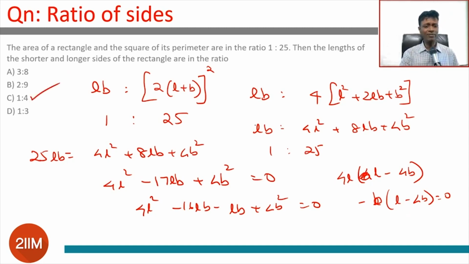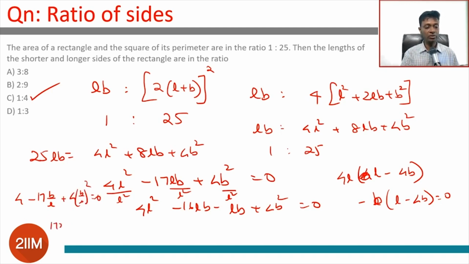When just plain old-fashioned writing of equations, simplifying that, you're looking to solve for b by l. If you want to deal with only one variable, you don't like factorizing like this, divide by l square throughout. So you'll get 4 minus 17 b by l plus 4 b by l whole square equal to 0. b by l is what we want to find.